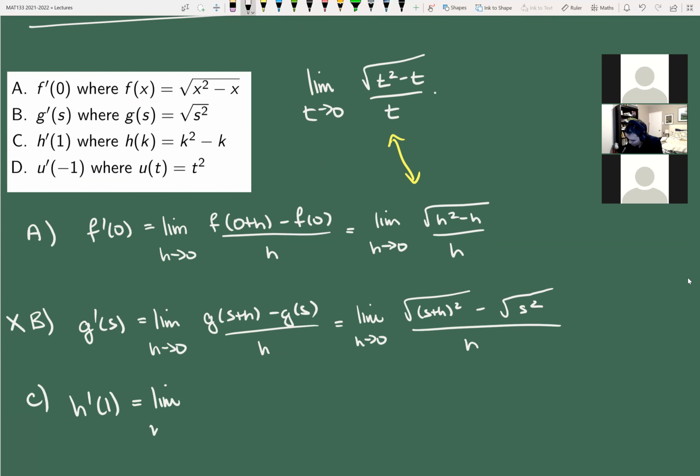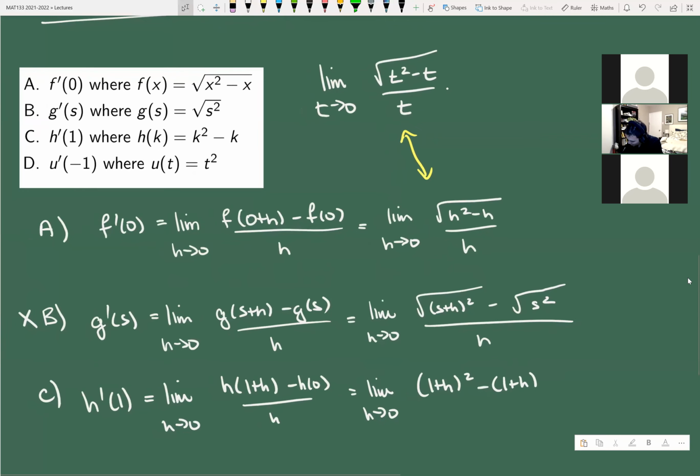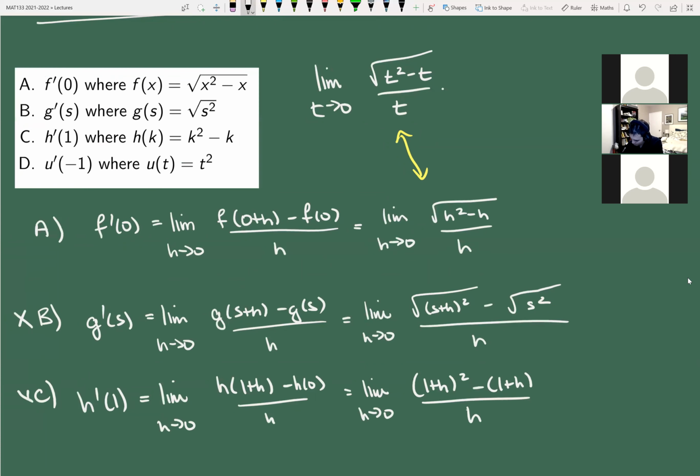So the limit as h goes to 0, h of 1 plus h, divided by h. So this would be 1 plus h squared minus 1 plus h. So that's the f of 1 plus h part. And then I need to subtract h of 1. Oh, that is 0, which is nice. Divided by h. And it's kind of close, but it's not the same thing, right? So it's probably not C either.